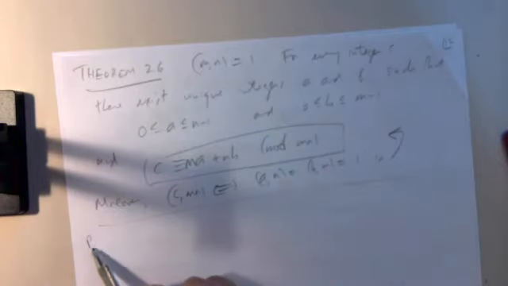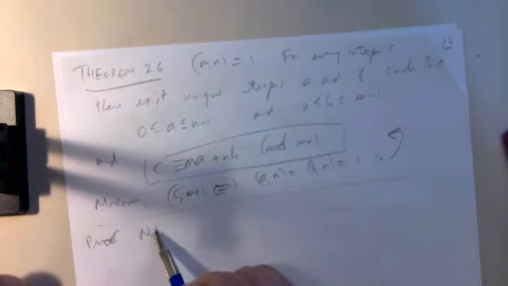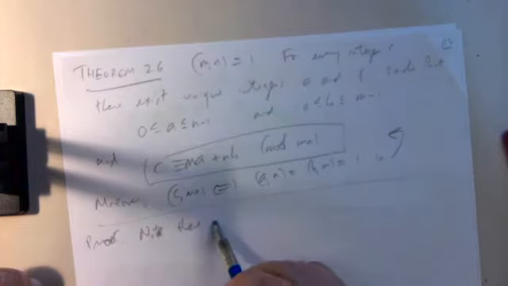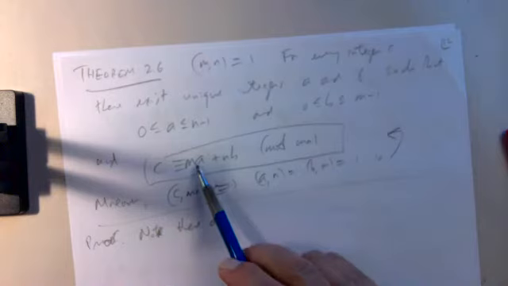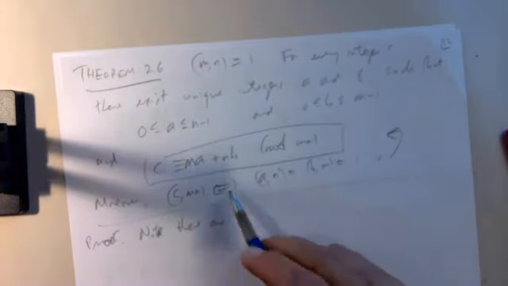So the proof. So note, how many expressions of this form are there? I have n choices for a and m choices for b.